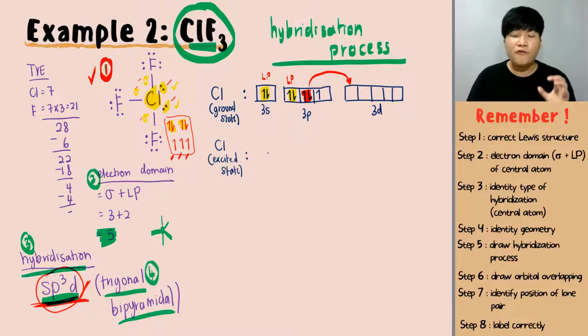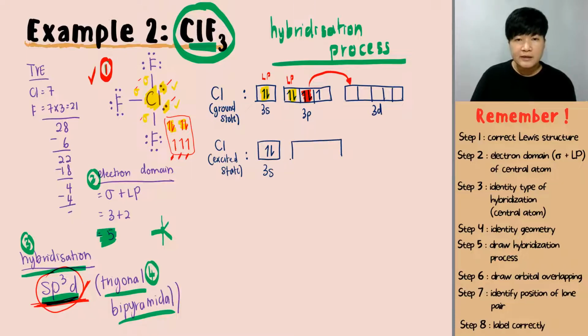Okay? So, for this chlorine excited state, the one in your 3s shall remain unchanged. While for your 3p, some will remain unchanged, some will then be excited. The first pair of electrons in your 3p remain unchanged.